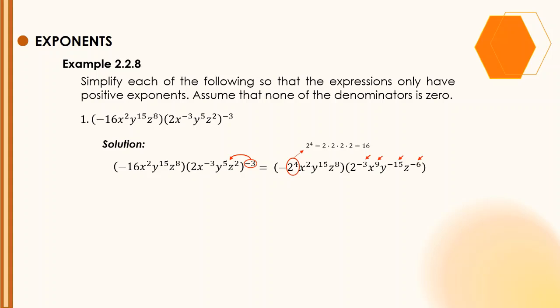Sa x naman is negative 3 times negative 3 is equal to positive 9, kaya 9 yung exponent ng x. Sa y naman is 5 times negative 3 is equal to negative 15, kaya negative 15 ang exponent ng y. Sa z naman is 2 times negative 3 is equal to negative 6, kaya negative 6 ang exponent ng z.